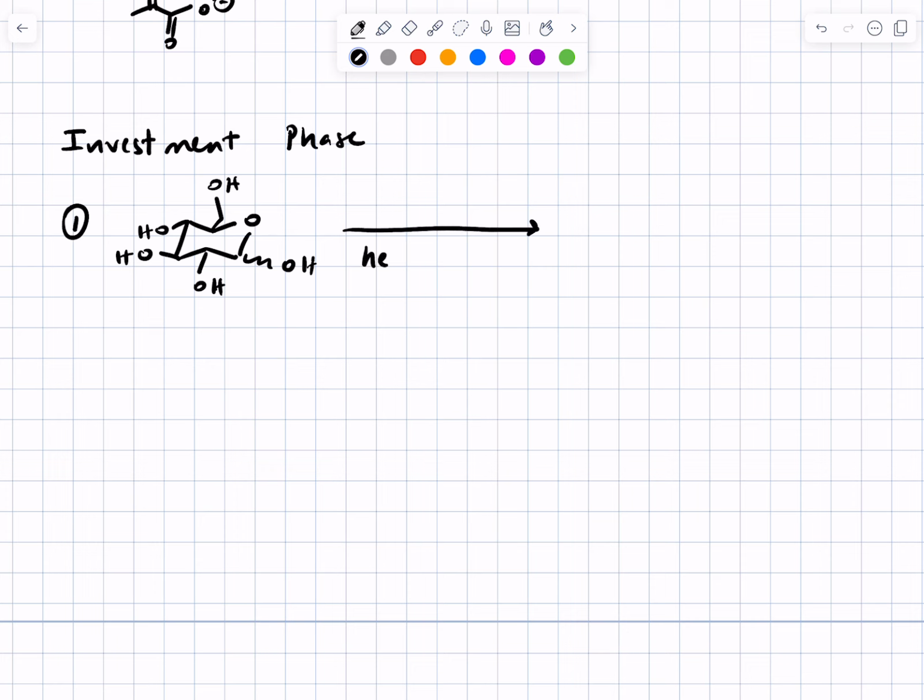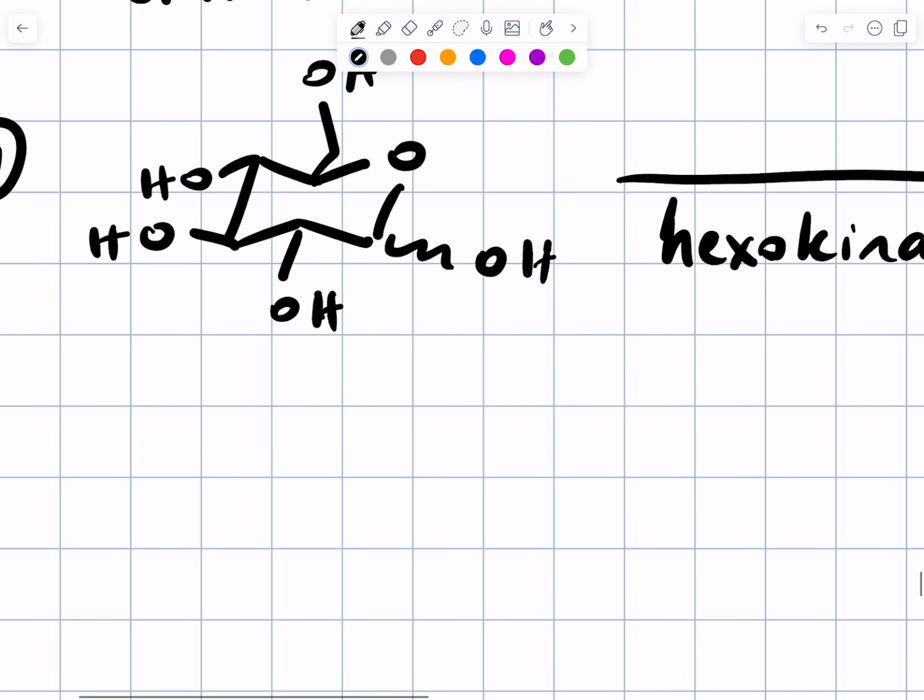It's catalyzed by an enzyme called hexokinase. Hexo is for hexose, a 6-carbon sugar. And kinase refers to transfer of the gamma phosphate group from ATP to this carbon 6 hydroxyl group of glucose. So 1, 2, 3, 4, 5, and 6.